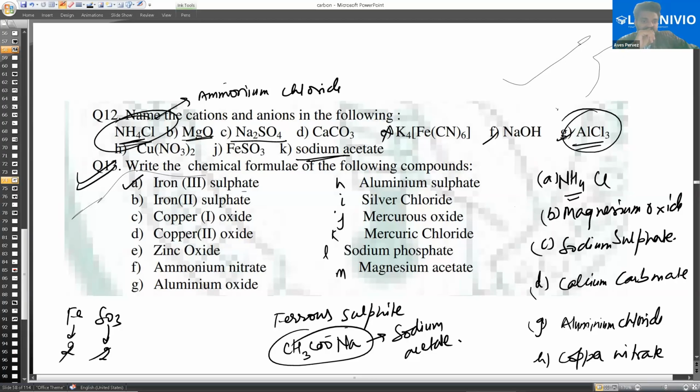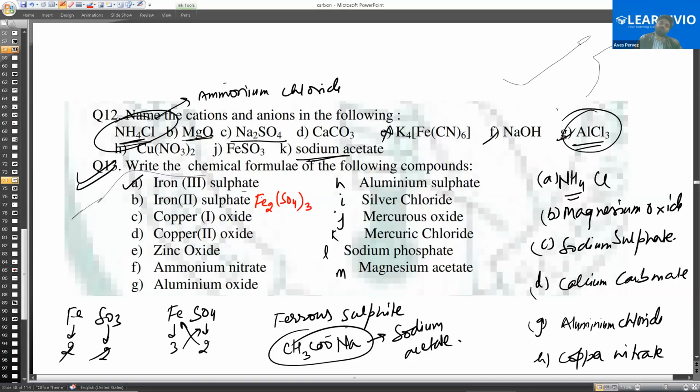FeSO4. Very good. No. Iron is having 3 valency here, and sulfate is SO4, which is having 2 valency. So the correct formula will be Fe2(SO4)3.